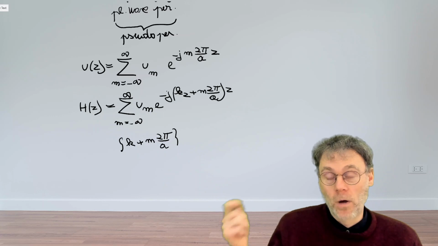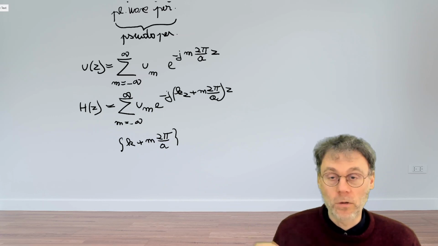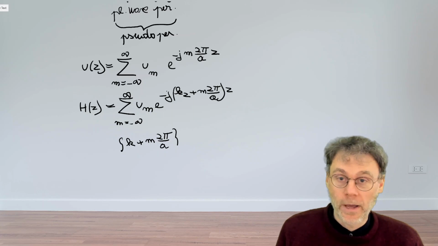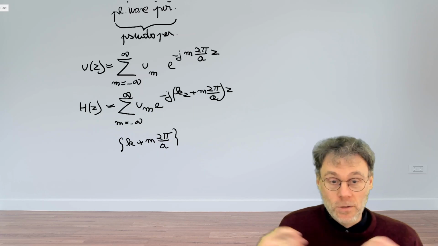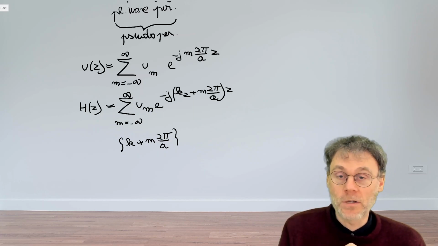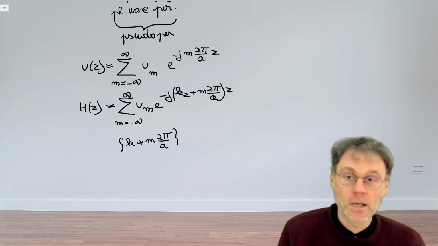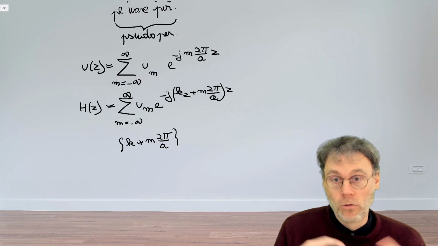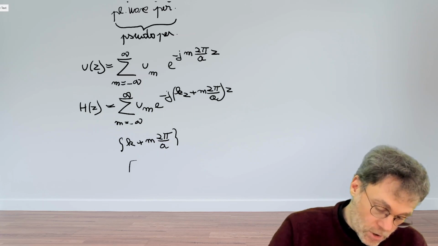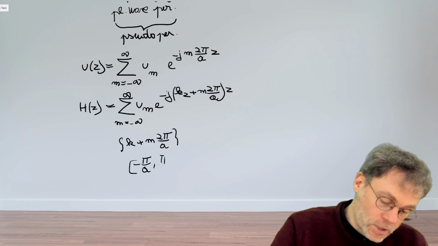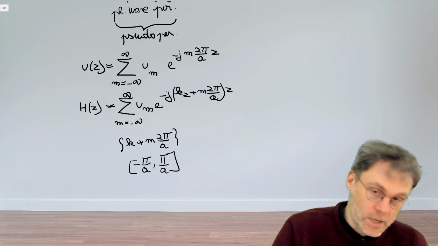If you just pick one wave vector, you can recover all the other wave vectors by adding integer multiples of 2 pi over a. And that's basically the same argument that we had previously with the Brillouin zones, where we also restricted the k values to a non-redundant region of size 2 pi over a. So remember, from minus pi over a to pi over a.